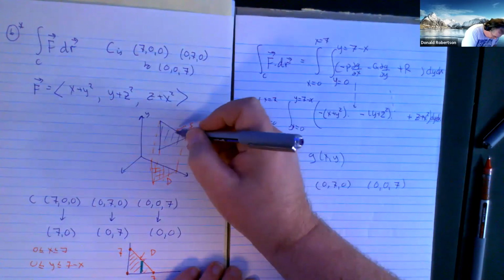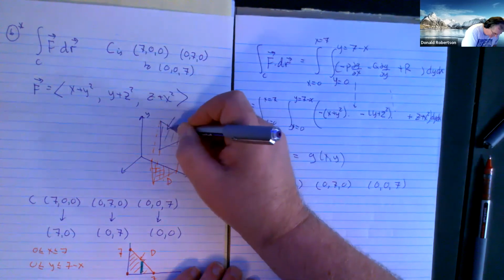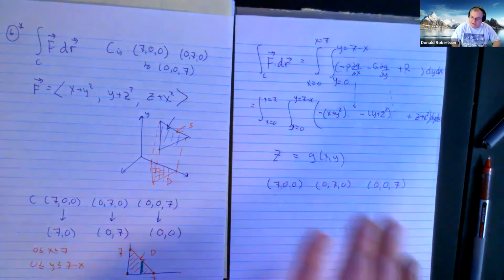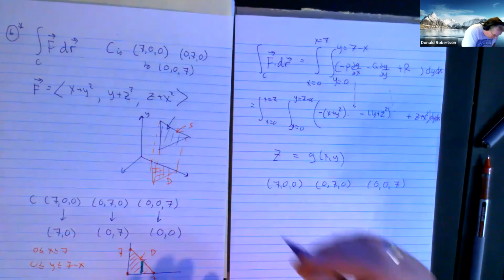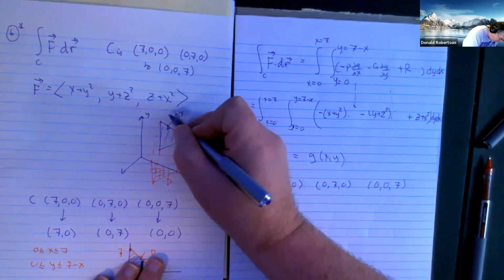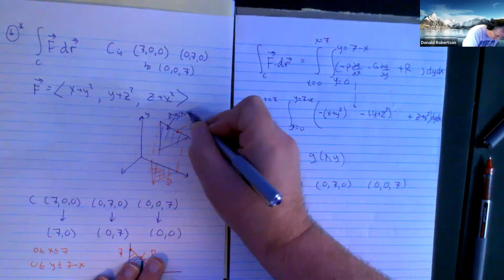the plane, this fellow up here, this triangle, right? It's basically the plane. That's the equation. That's the guy that's going to be called z equals g of xy.